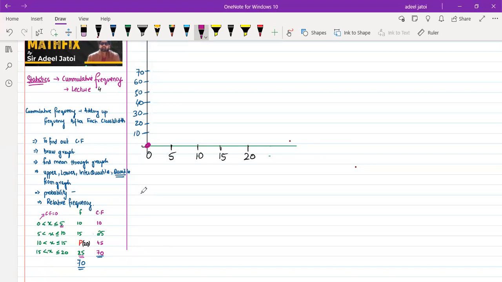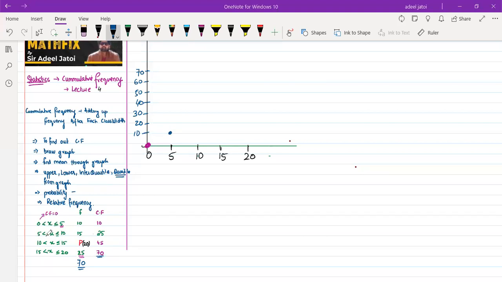Considering that your class width ends at 5, your cumulative frequency at 5 will be the frequency, because there's no cumulative frequency before this. So on 5, you need to have 10. Let's mark 10 here.